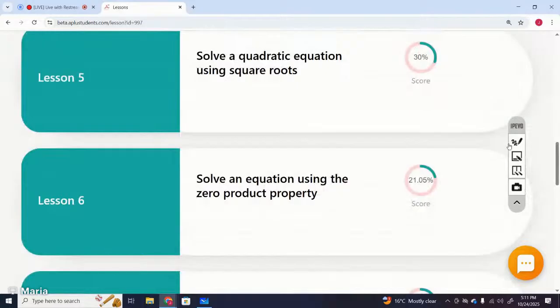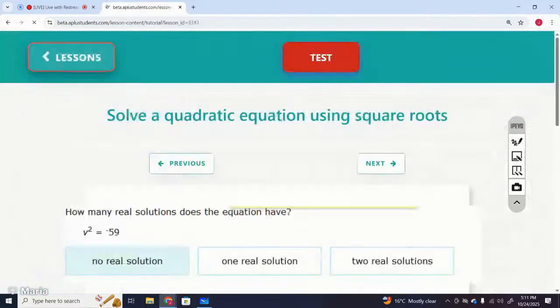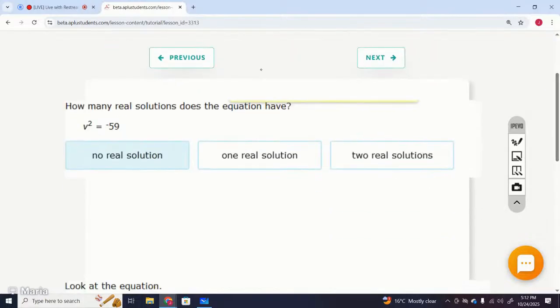Equation using square roots. How many real solutions does the equation have? V square equals negative 59.